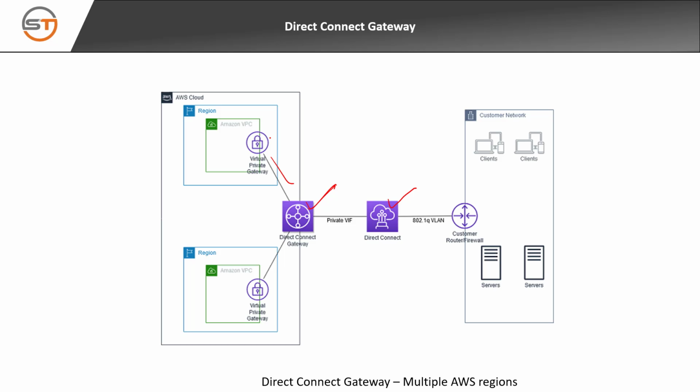So for each VPC we have a virtual private gateway. The Direct Connect gateway is in turn connected to Direct Connect via a virtual private interface. So the connectivity from the Direct Connect gateway to the Direct Connect connection is through the virtual private interface. This allows multiple VPCs to be connected to the customer network via one virtual private interface.